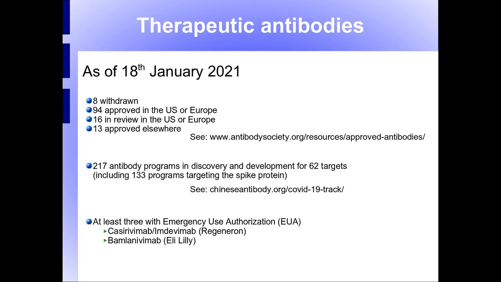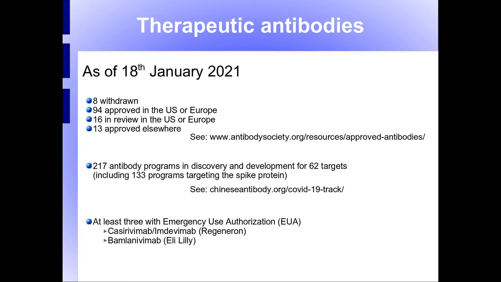With the inevitable interest in COVID, there are currently 217 different antibody discovery programs for 62 different targets, the majority of these being antibodies that target the spike protein on the surface of SARS-CoV-2.